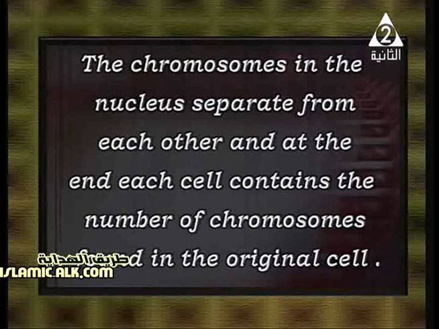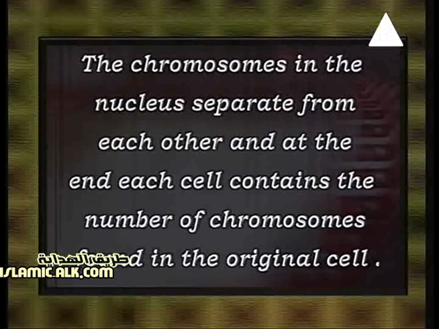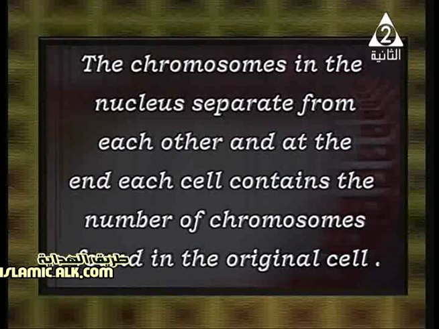Here the scientists found that chromosomes are found inside the nucleus, and they can separate from each other and also contain a number of chromosomes. They are found in the original cells.